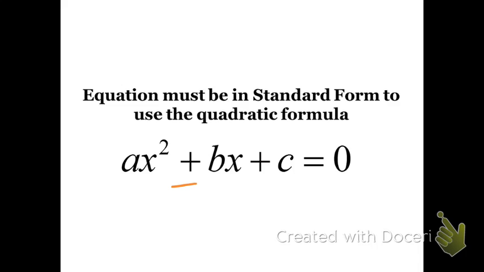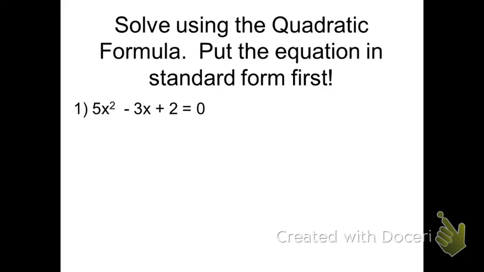So if there's ever a negative sign in front of bx, that means it's really plus a negative b. Same thing with c. And if there's ever a negative in front of the a, then that means a is negative. So just be aware that a and b could both be positive or negative. So, again, a is 5, b is negative 3, and c is 2.